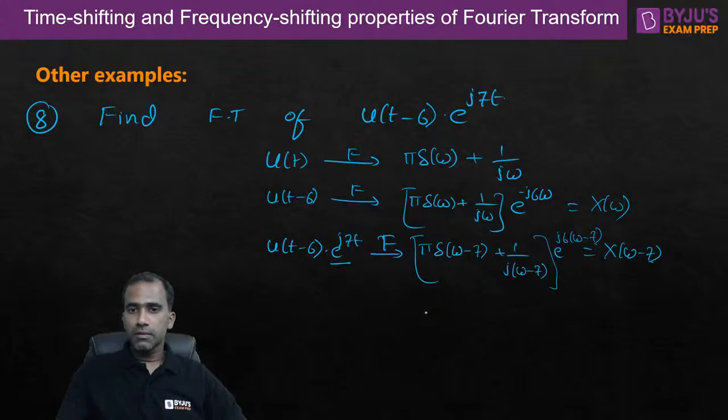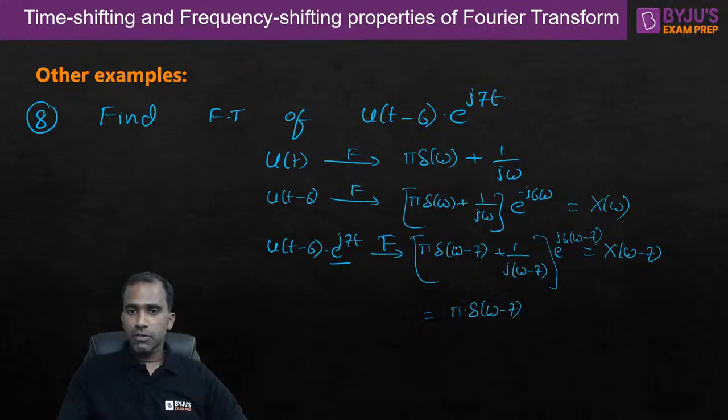So if you want, we can simplify this further. Pi into the delta function, if you multiply with this, whatever is the neighboring function, you are going to substitute omega with the location of the impulse. The location of the impulse is at omega equal to 7. Wherever omega is there, replace it with 7. Then it becomes 7 minus 7 is 0. So it is delta of omega minus 7.